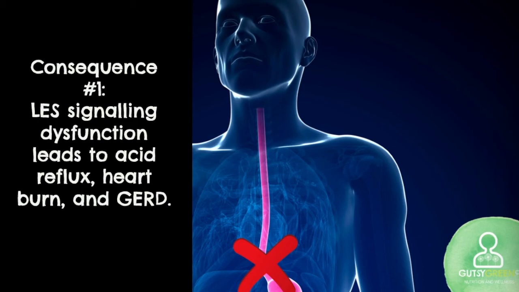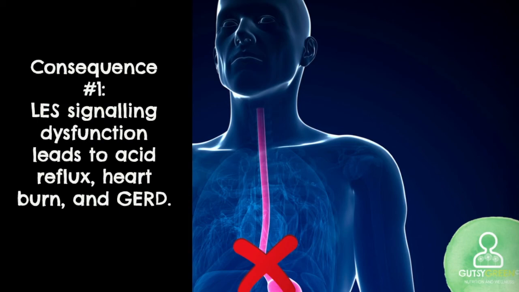The first consequence of low stomach acid happens when the LES, or gateway, dysfunctions by opening and closing at the wrong time. This, in turn, leads to acid from the stomach spilling up into the esophageal tissue and burning it, resulting in conditions such as acid reflux, heartburn, and gastroesophageal reflux disorder, or GERD.